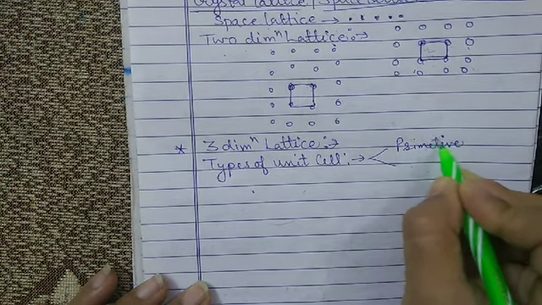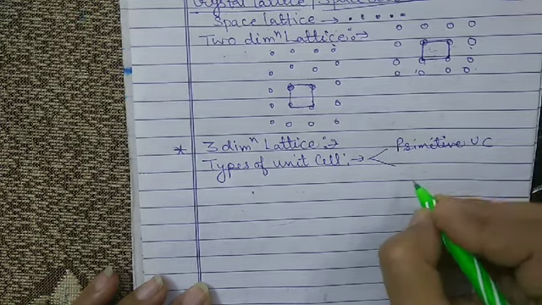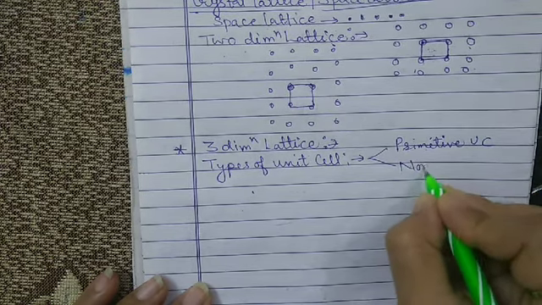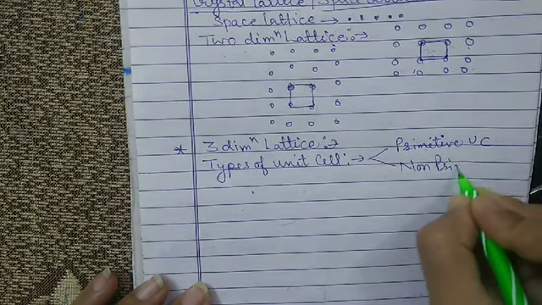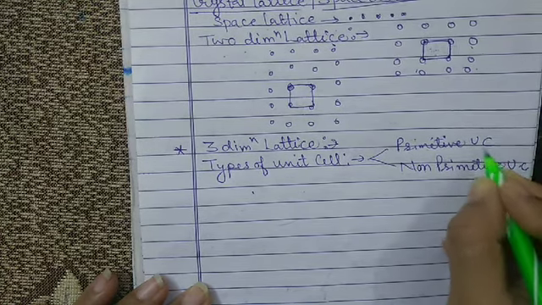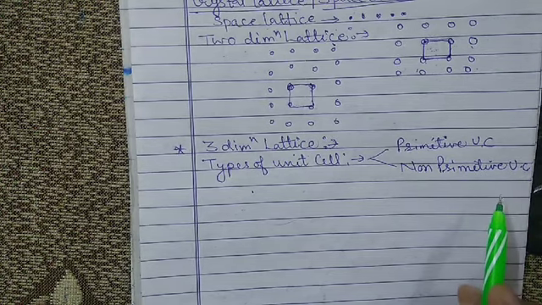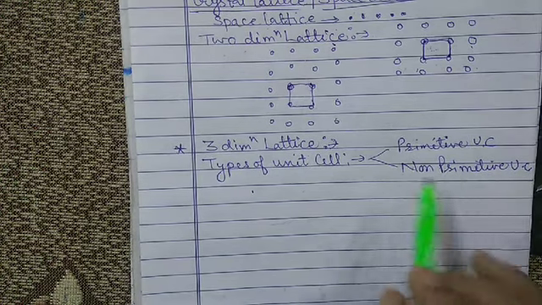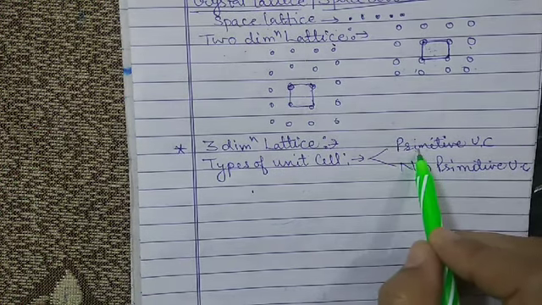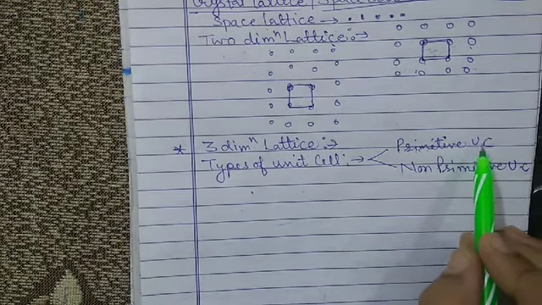The first one is called the primitive unit cell, and the second one is termed the non-primitive unit cell. So the primitive means these are unit cells which have points.